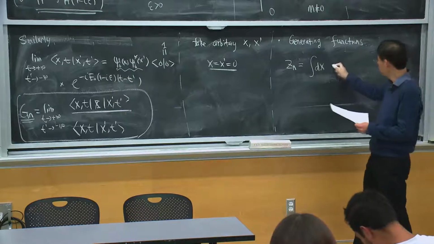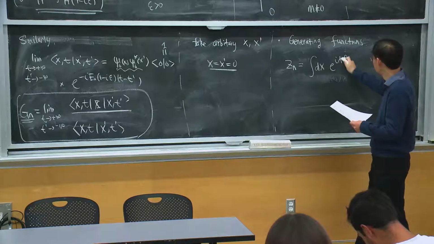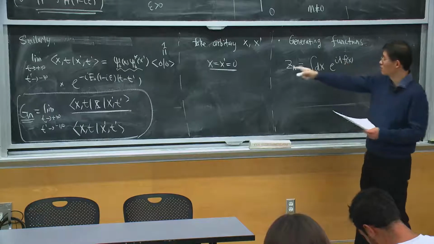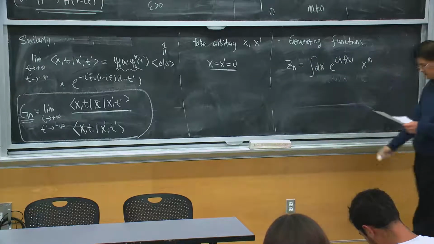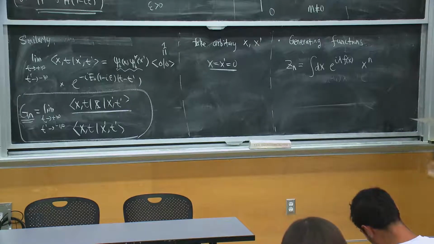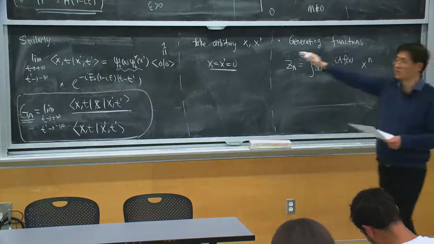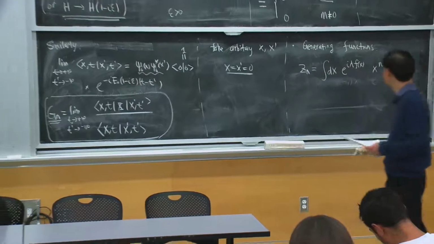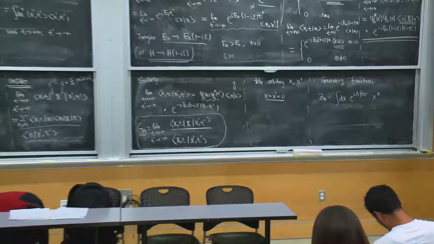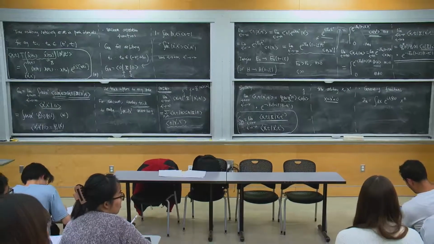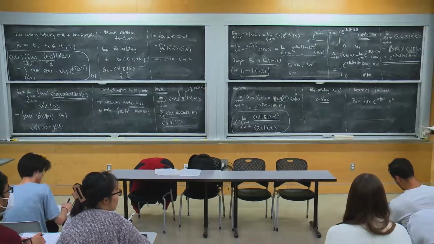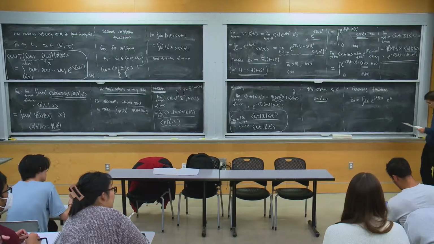So let's go back to an ordinary integral. Let's say we have some phase, like what you do in the path integral, and we want to calculate x to the power n, where n is some integer. Like you have an endpoint function. Suppose we want to calculate this. So you can just calculate this guy, it's fine. But there's a better way. Often there's a better way.